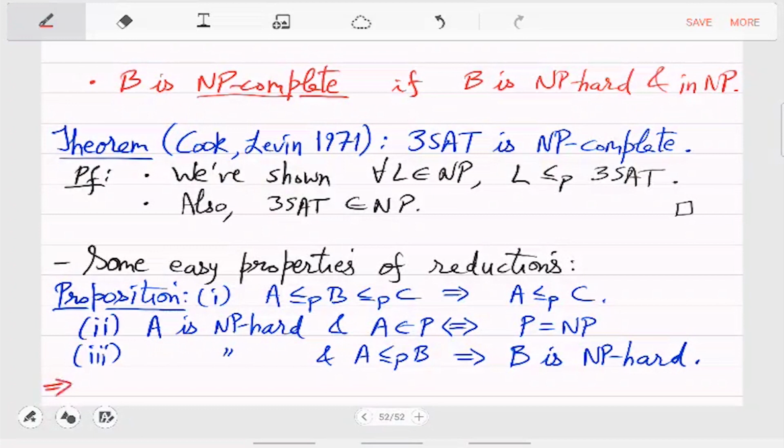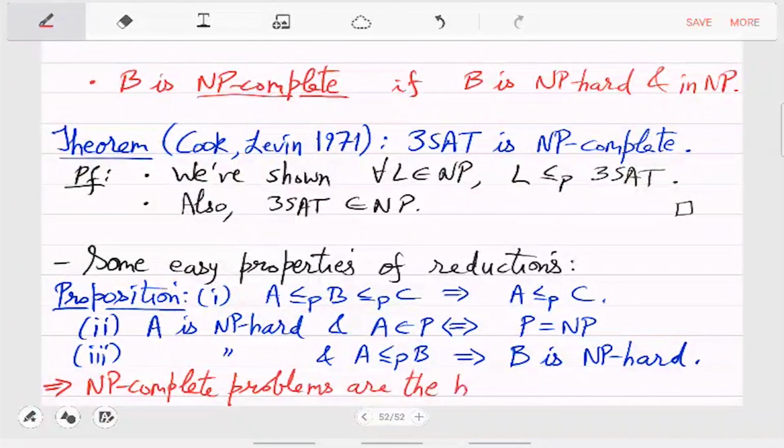So NP complete problems are the hardest in NP. Right, because to whichever problem you reduce it, that problem will also become NP hard.